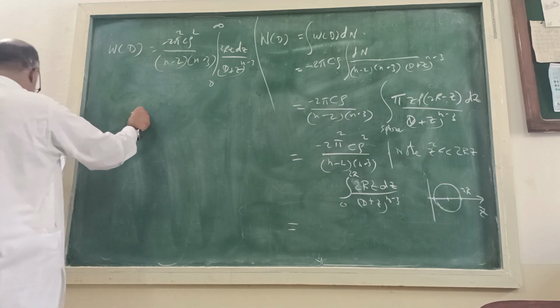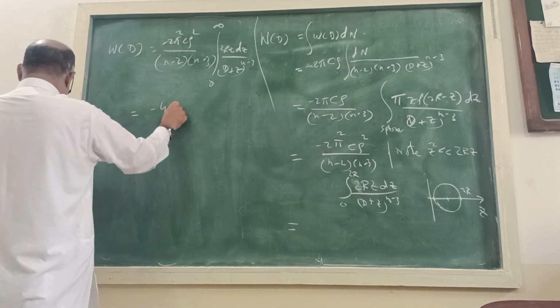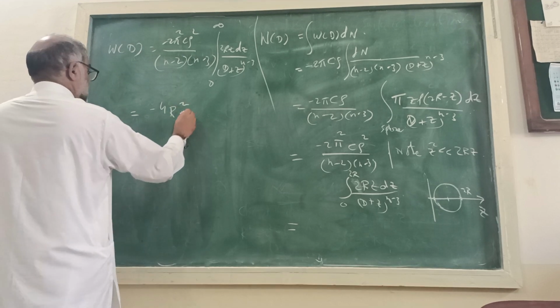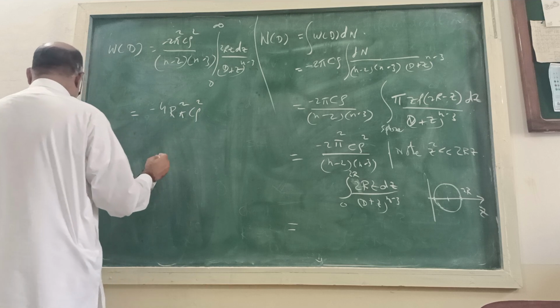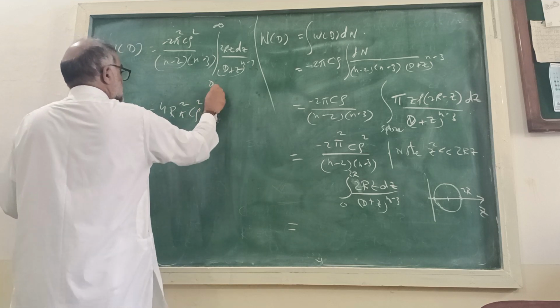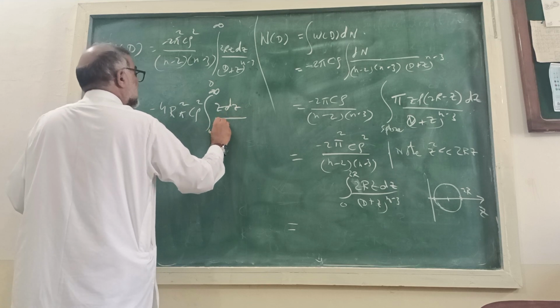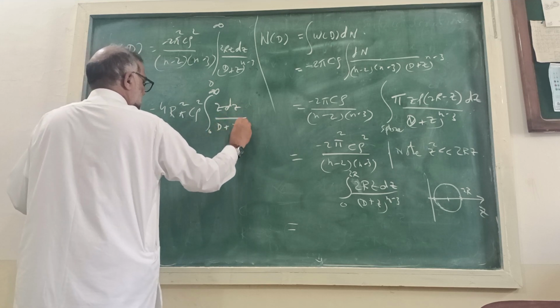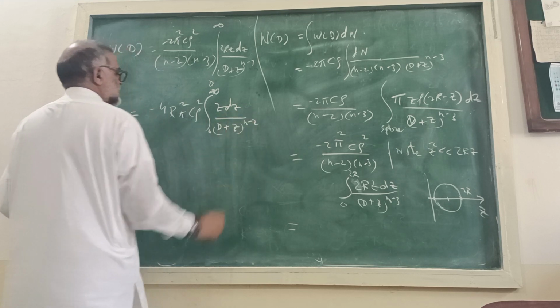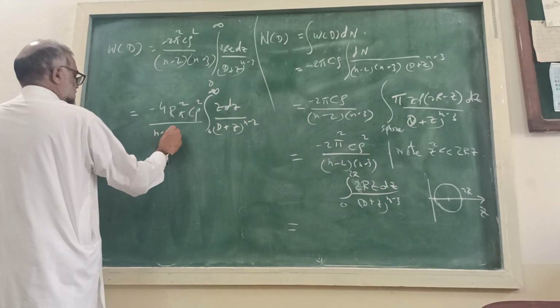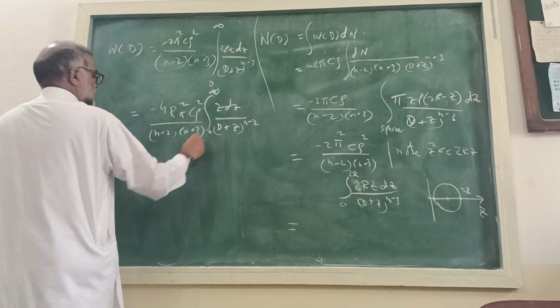I can write this as minus 4R pi square c rho square, integral 0 to infinity, z dz divided by d plus z to the power n minus 2, divided by n minus 2 and n minus 3.